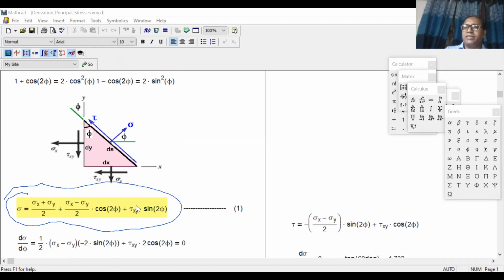Tau and sigma. This tau and sigma you cannot see from outside, right? But inside, if the value of tau and sigma becomes higher than material resistance, then what will happen? It will crack or fail. If tau or sigma is less than the material allowable, then it will not fail.